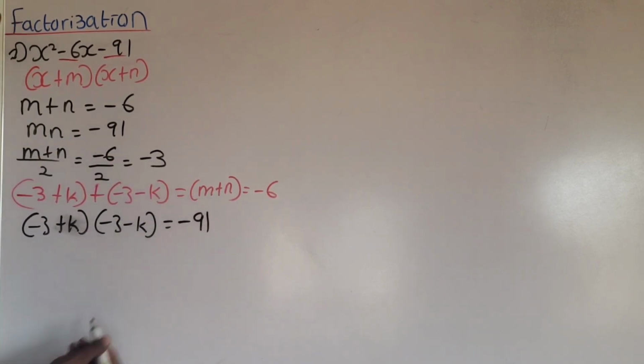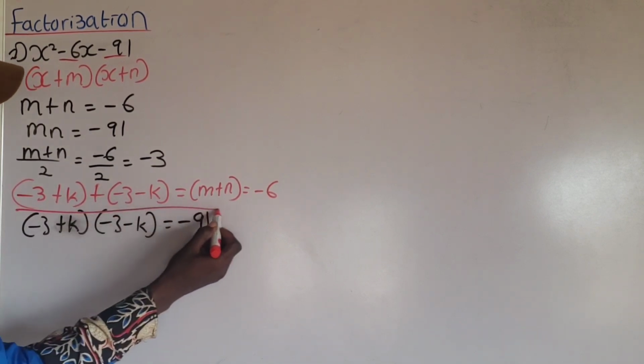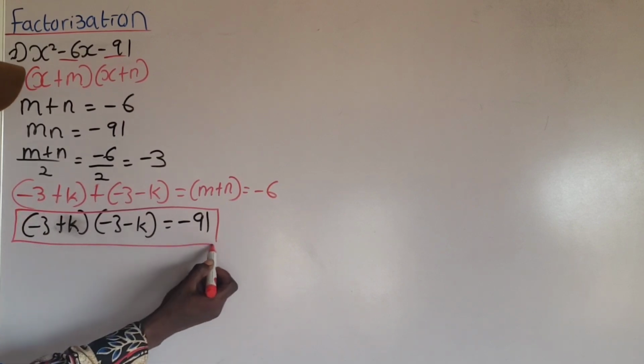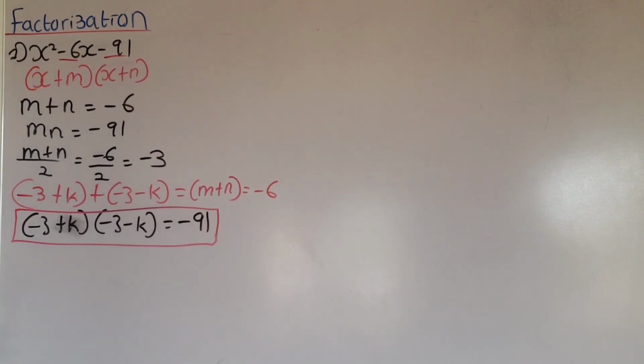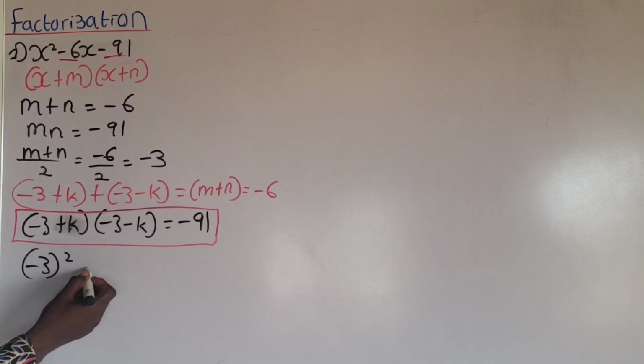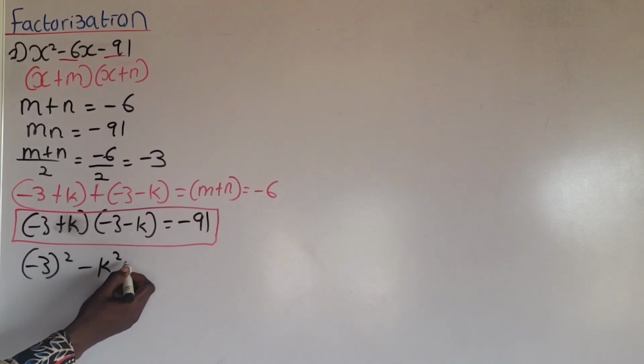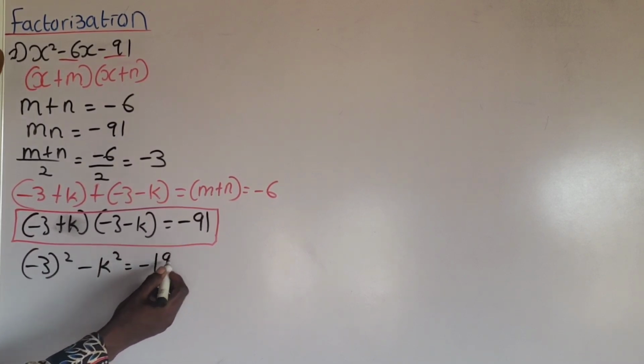You understand? Okay, now the next step is that we have to get the value of k from the product. From this equation that you see here, that is where we are going to get our value of k. So you can see that this is just like a typical example of difference of two squares. You understand? So here we are going to have negative 3 squared minus k squared is equal to negative 91.